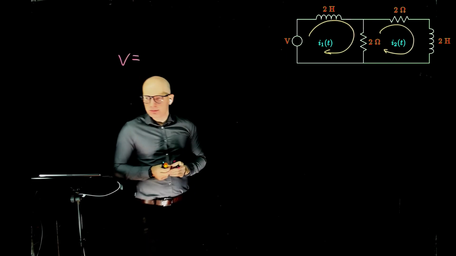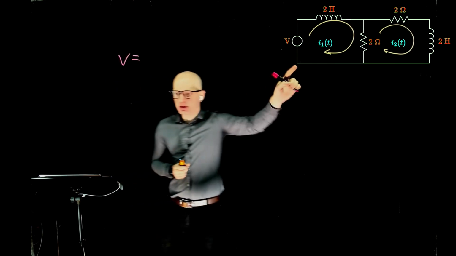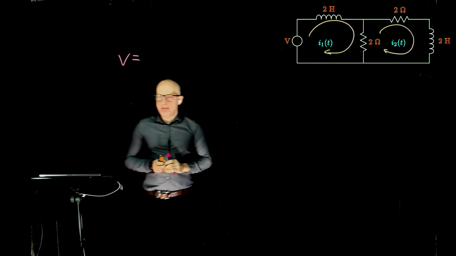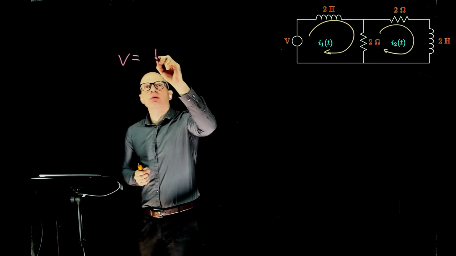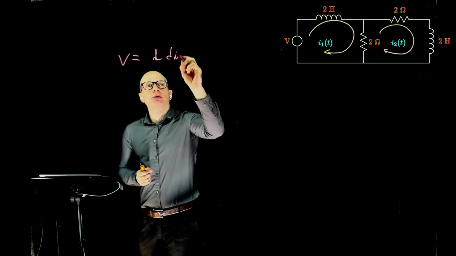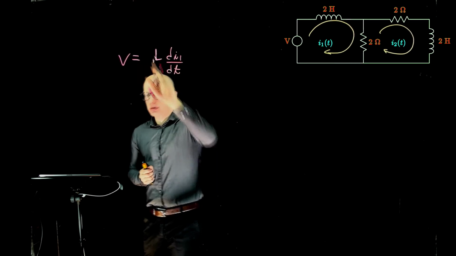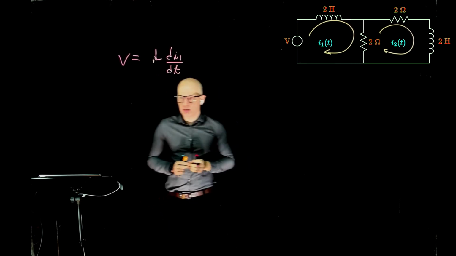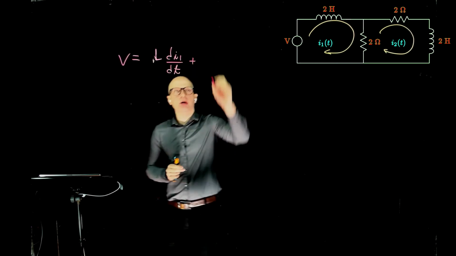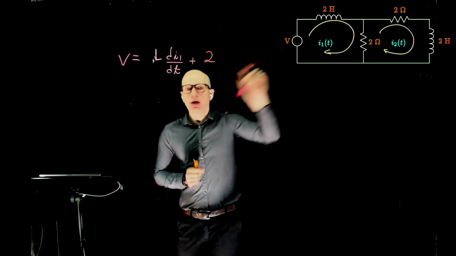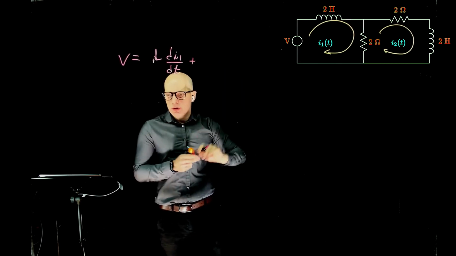V is equal to, for the first branch here, L times di1 over dt. Very good. Plus R, let me put it in just right so we know what we are talking about.